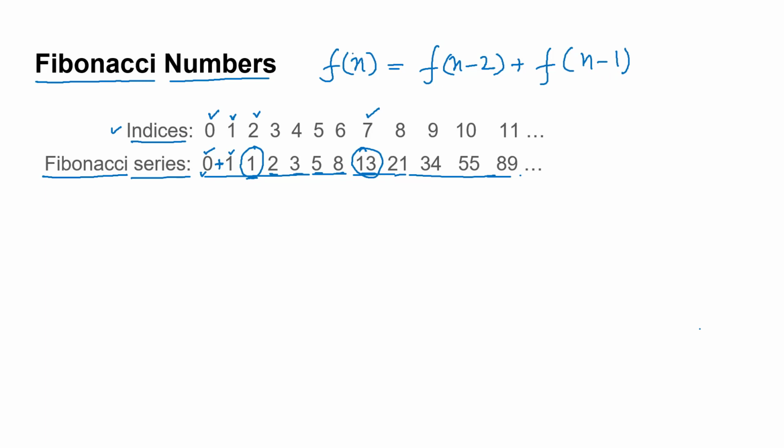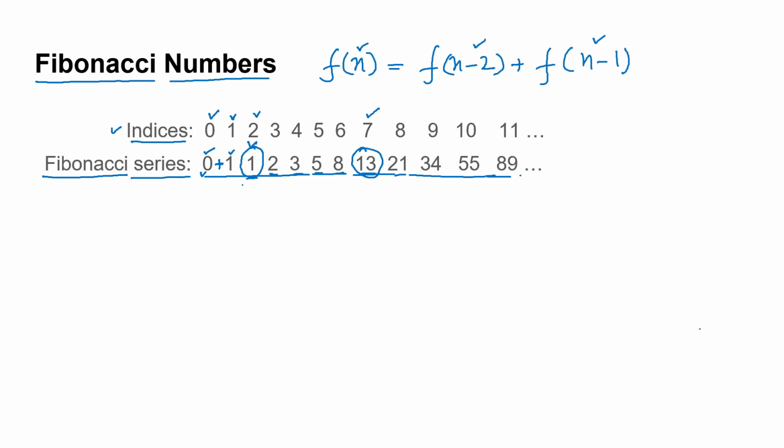So if you want to find the Fibonacci number at the nth position, you can easily find it by adding the numbers at positions n minus 2 and n minus 1 in the Fibonacci sequence. Let's see whether this is applicable or not.